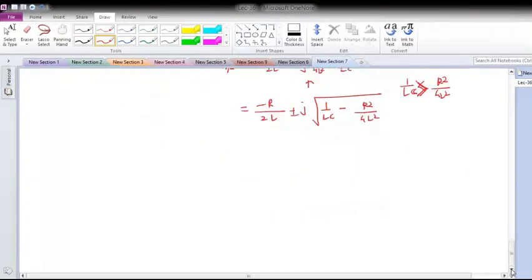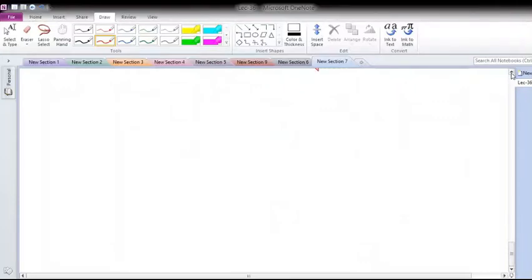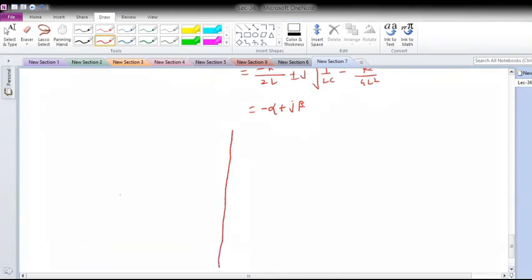So let me define this as minus alpha plus j beta as roots, and let me draw the pole-zero plot. So this is my sigma, and this is the j omega component of the S plane.